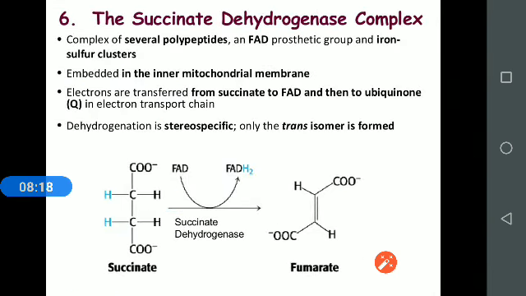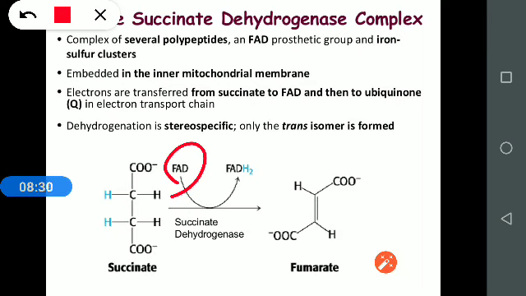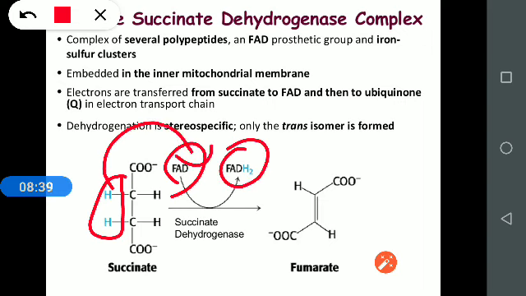Next, the succinate dehydrogenase complex, a complex of several polypeptides with an FAD group. This enzyme consists of FAD as a prosthetic group. These two hydrogens will be taken by this FAD, and it will be reduced to FADH2 by succinate dehydrogenase.